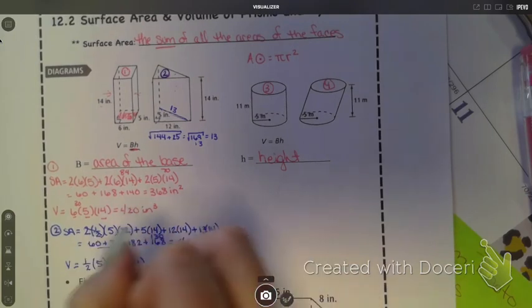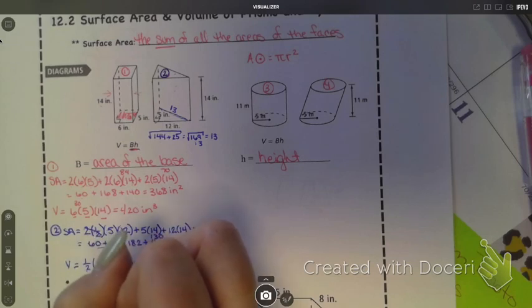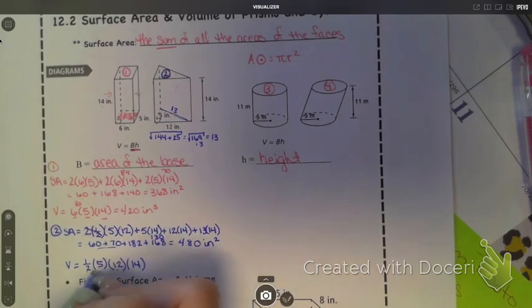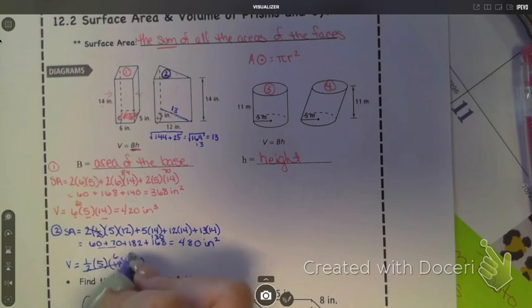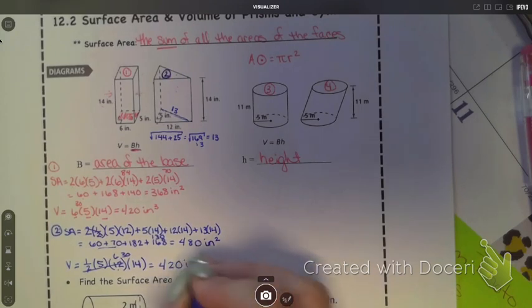You want to take half of 12? Yeah, then that makes it 30. So half of 12 is 6, so 6 times 5 is 30. So then 30 times 14, so we have a 0, 420, inches cubed.